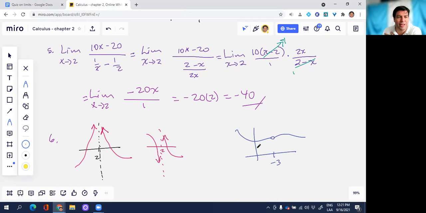The axis wouldn't be there, would it? It would be on the other side. Yes, it's being here. There's a removable discontinuity. It doesn't matter if you draw a point above or a point below, as long as it's not there.